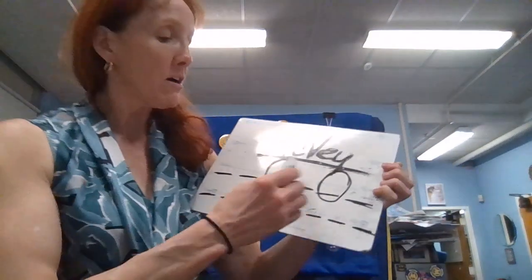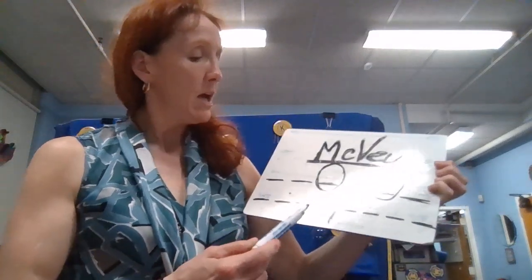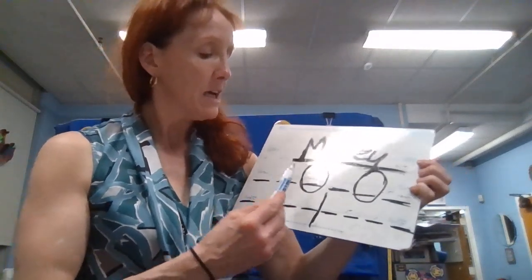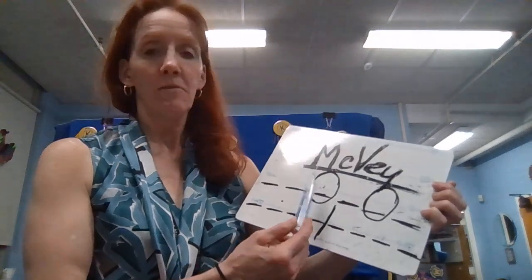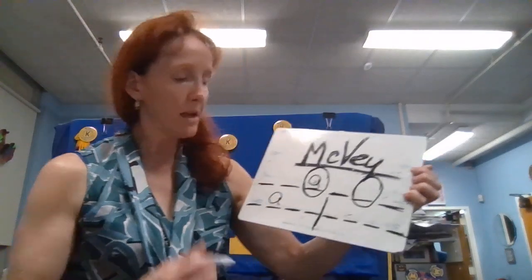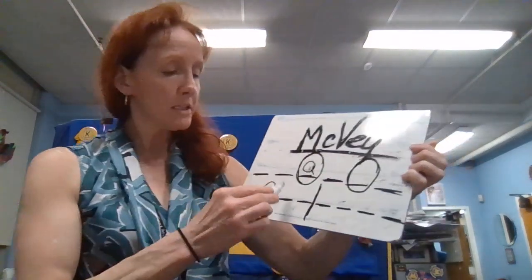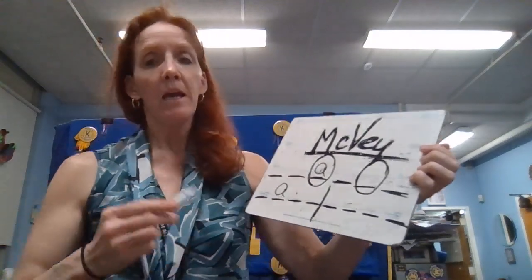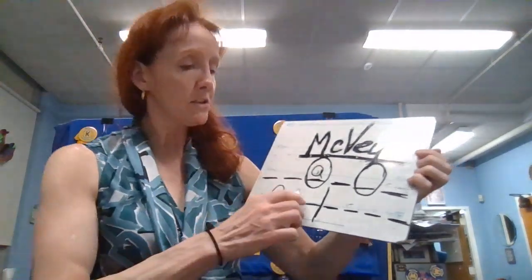So we know that these are 2 vowels, and we know that this is one of the most common vowels, and it's the same as this, and that is this. Now, this is a consonant, and it's the most used consonant in our language.